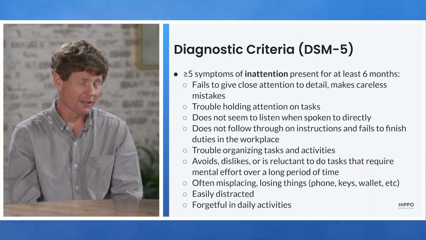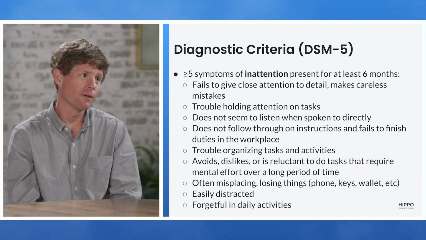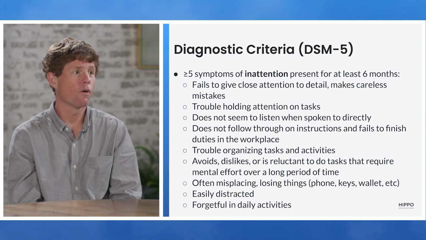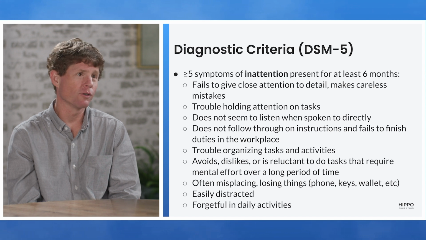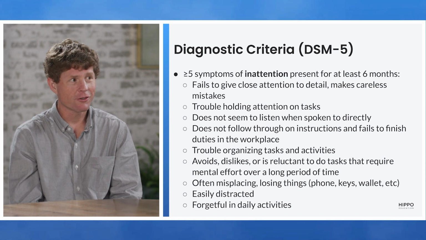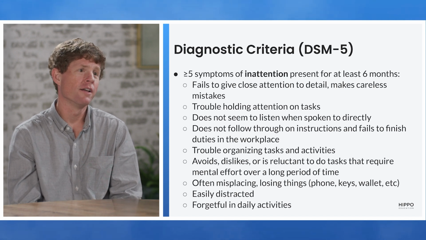Got it. Okay. Well, let's walk through, first starting with the inattentive type using the DSM-5 criteria. What does that look like? Okay, great question. So you have a set of symptoms outlined in the DSM, and you need to have 5 or more of these symptoms. Symptoms can include difficulty paying attention, losing items, easily distracted, forgetful, difficulty organizing.